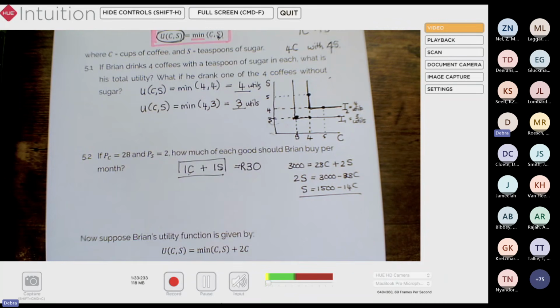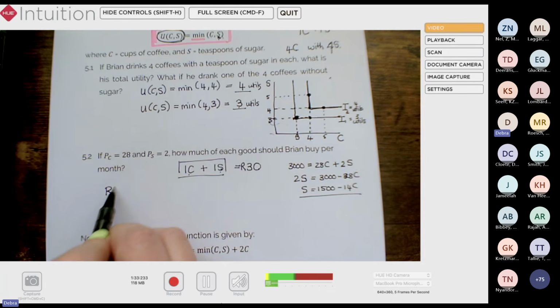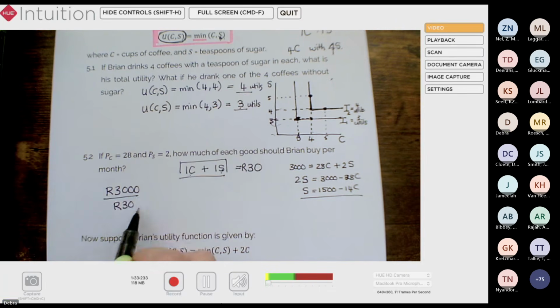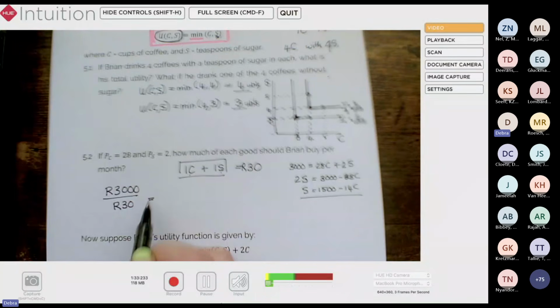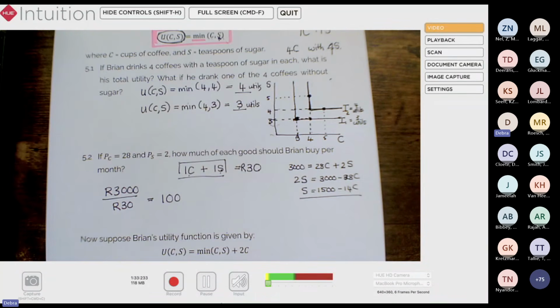So if he does best by combining these 1 for 1, and that costs him 30 Rand, it means that he would be optimizing when he spends his 3,000 Rand divided by 30, which gives me 100. So he would optimize by consuming exactly 100 cups of coffee and 100 teaspoons of sugar.